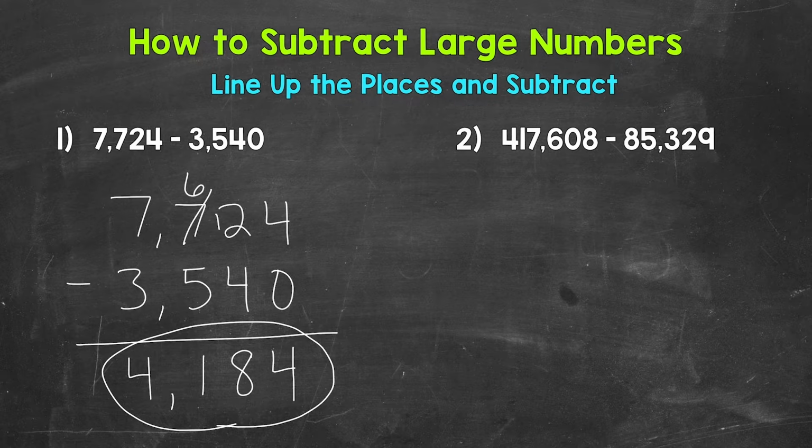So borrowing that 1 with a value of 100 gives us 120. So we have 120 minus 40, which is 80. That 8 in the answer in the tens place has a value of 80. Now, as we went through the problem, we thought of this as 12 minus 4, which equals 8.